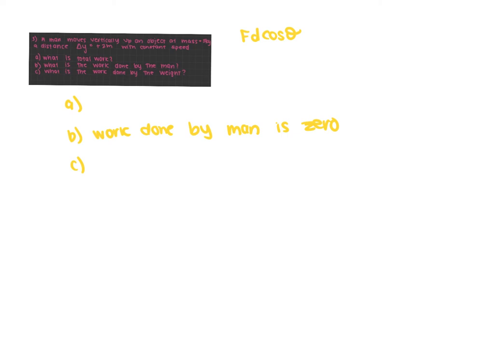Now there is work done by the weight, which is the mass. And how we can find that is the mass times g, which is the force, times cosine of theta, and also times the distance. If we break that down, the mass is 5 kilograms times gravity times cosine of 0.